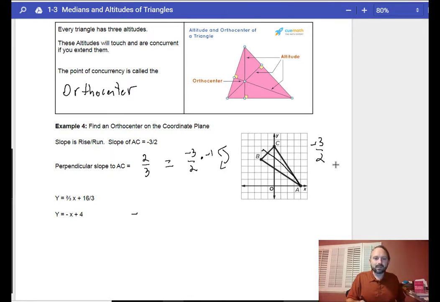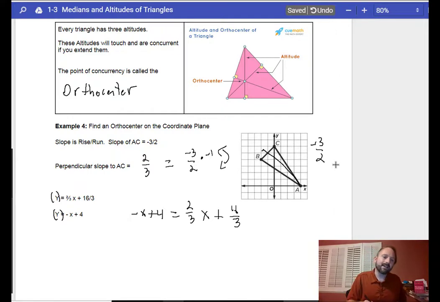You're like, all right, I have -x plus 4 is equal to 2/3 x plus 16 over 3. How do we get that? Well, I could do substitution. Since I know that y is equal to this and y is equal to that, I know that they're both equal. And then solve for x. After we solve for x, then we plug the x value back in and solve for y.